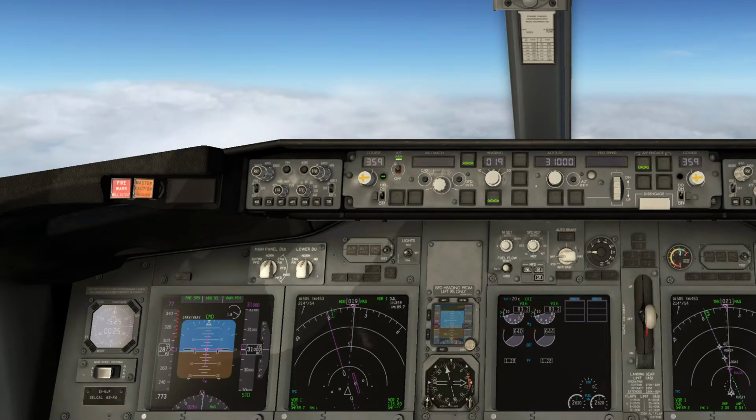So at 85 we engage forelock. It will just be armed, I suppose, at this stage.